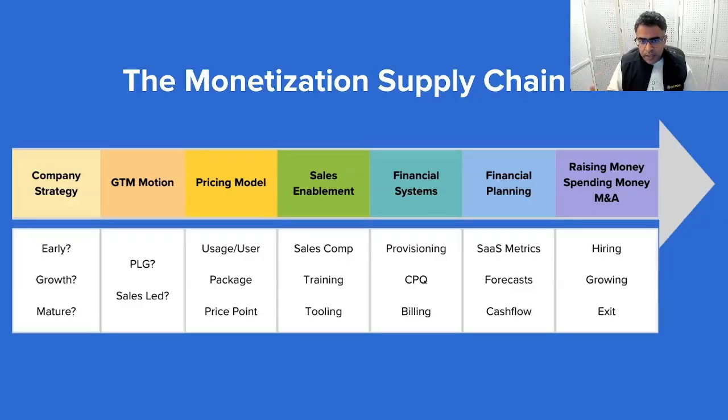How you monetize and how the money comes in your company. Is it predictable? Is it very variable? When the money comes in, how you account for it, how much overhead goes into actually managing all of this is super critical for any executive in a company to know. So you also have to have a monetization supply chain consciousness because that is how your company will grow. You can't just all be about value and not worry about how you're going to survive.